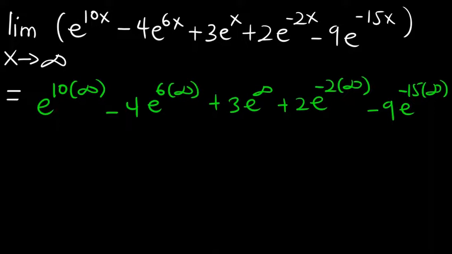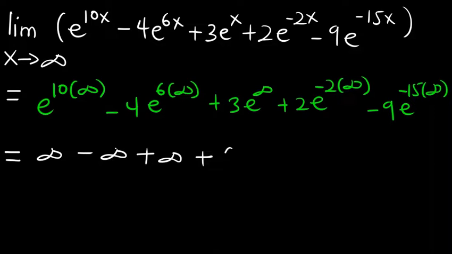For the first term, you are going to have infinity. For the second term also, you're going to have minus infinity. For the third term also, you're going to have infinity.